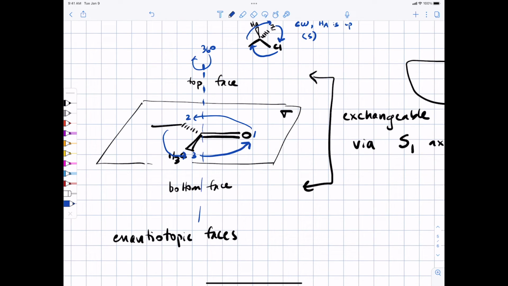From the top face, that is counterclockwise. And so I'm going to call this the psi face. It looks like we should call it the C face, but chemists don't say that. They call it the psi face. So it's a long I.